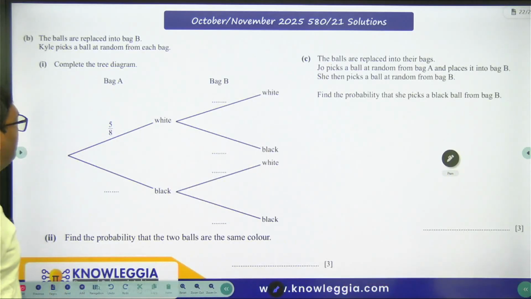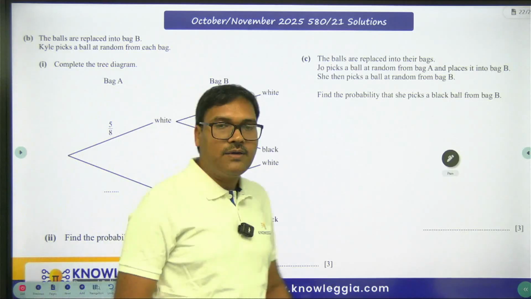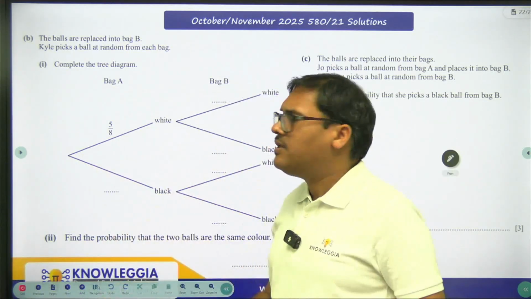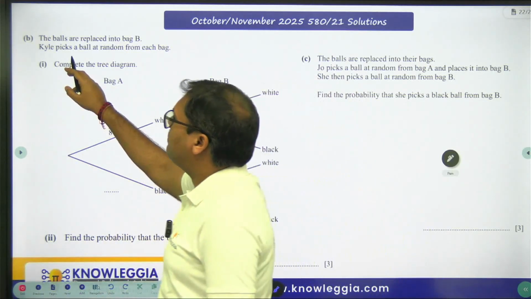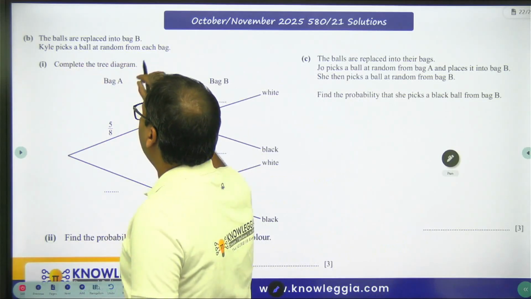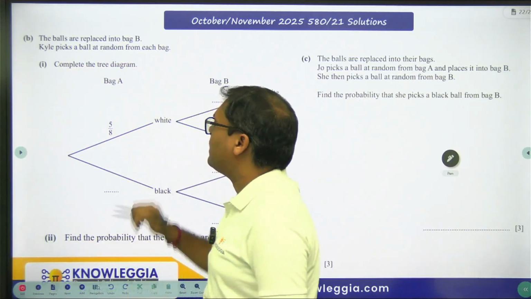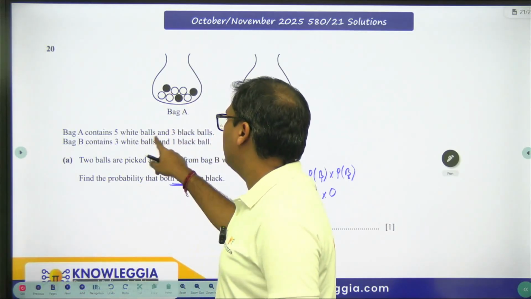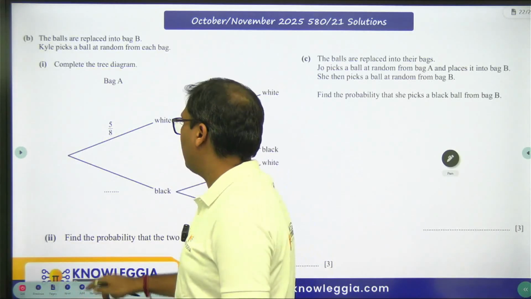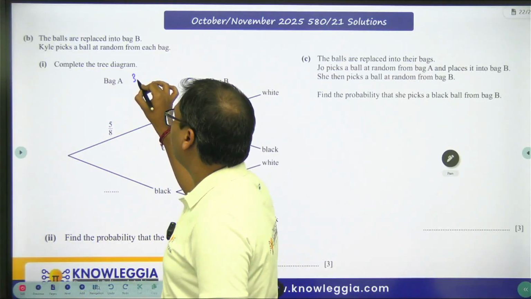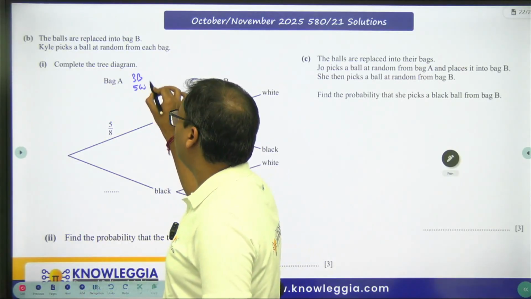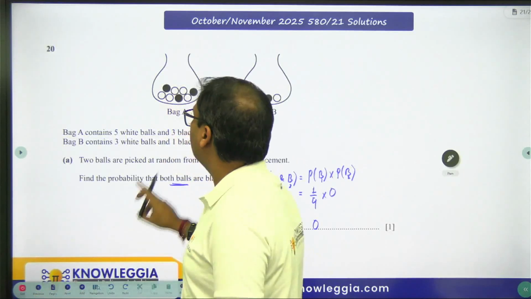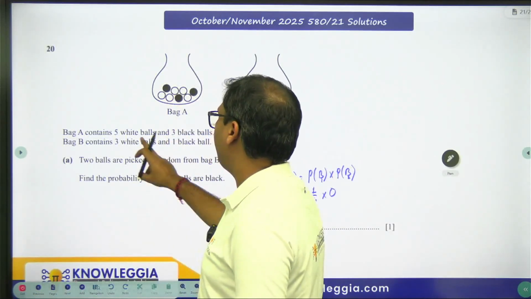Now the next part. The balls are replaced into bag B. Now we have replaced every ball in the bag. Kyle picks the balls at random from each bag. Complete the tree diagram. Okay. So let's see. Bag A has three black, five white. So let's write this. Three black and five white.